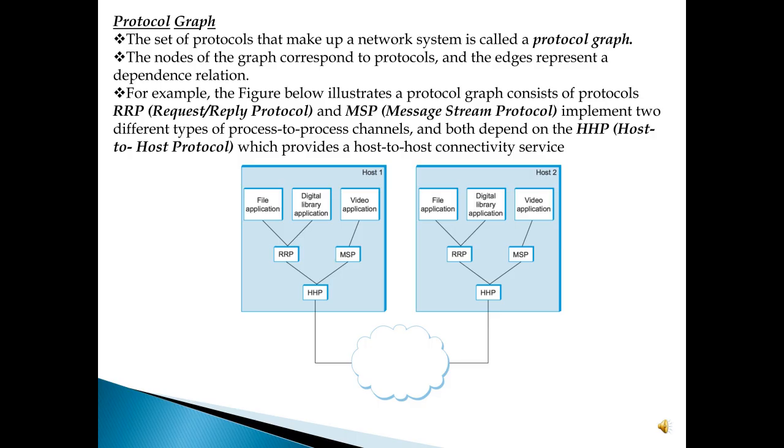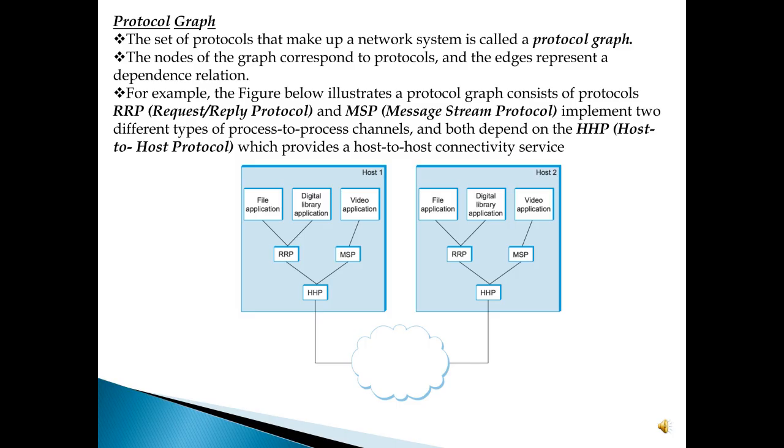For example, the figure below illustrates a protocol graph consisting of protocols RRP, that is request or reply protocol, and MSP, message stream protocol, which implement two different types of process to process channel, and both depend on the HHP, that is host to host protocol, which provides a host to host connectivity service.